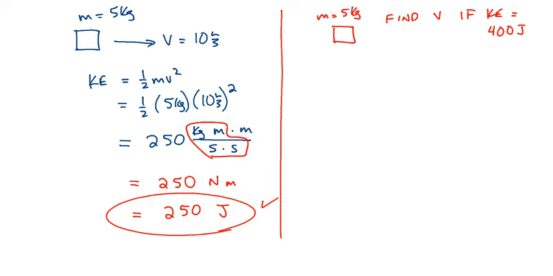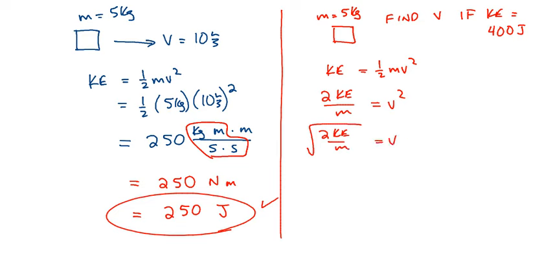So here's the formula for kinetic energy. This time we're trying to solve for velocity, so I'll multiply both sides by 2 and divide by m. That would leave me with v squared. Take the square root of both sides, and there would be the velocity that we're looking for.